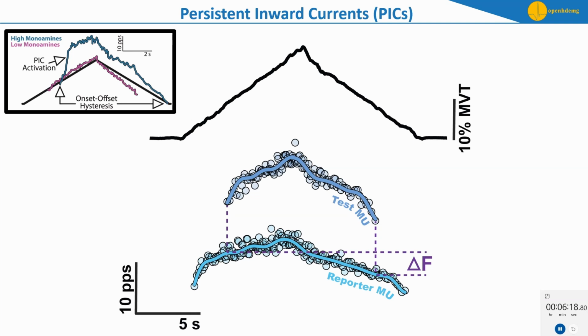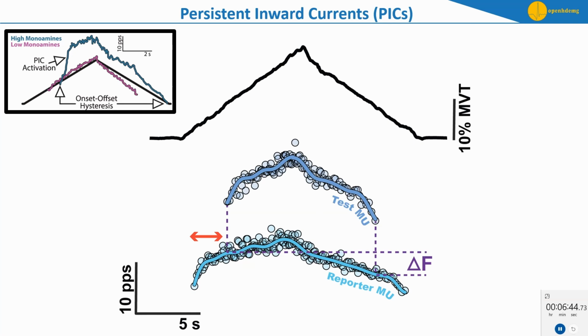I'll briefly mention them when we get to the coding section again, but one very important thing to mention here is recruitment time difference between the reporter and the test motor unit. For this premise to hold, we want to make sure that this lower threshold reporter motor unit has its PIC fully active and saturated, and that the motor unit is only responding ideally to that excitatory synaptic input.